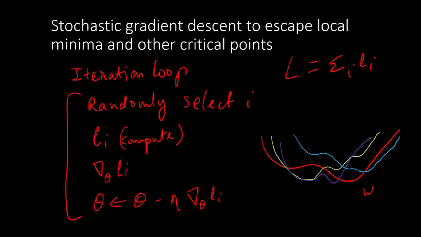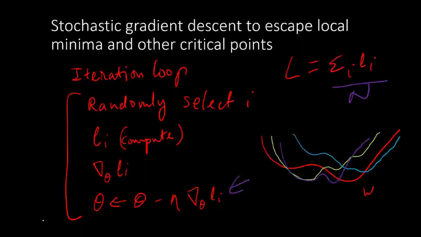Let's say the average of all the curves, so we'll divide by n. So the average of all the other losses is the red loss, which is the entire loss, right? And what we are interested in is minimizing the loss for all training points, not for a single training point. Yet we are going to do updates that are based on single training points.